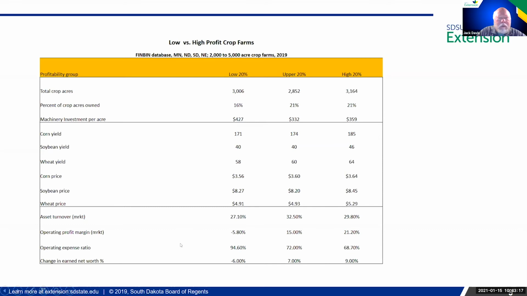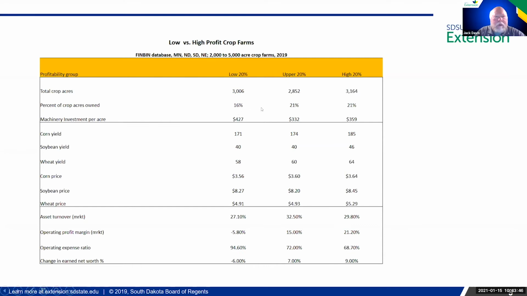Here I've taken 2,000 to 5,000 acre crop farms from 2019 and just broke down the upper, which is that 40 to 60 range, and the high, which is the 60 to 80 range. So you can see not too much difference in acreage, just a little bit.